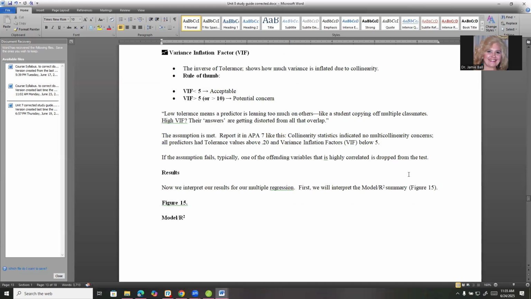Now, if you have low tolerance, it means that a predictor is leaning too much on the other. So if I had low tolerance, it would mean that either job satisfaction or organizational commitment is depending too much on the other variable.